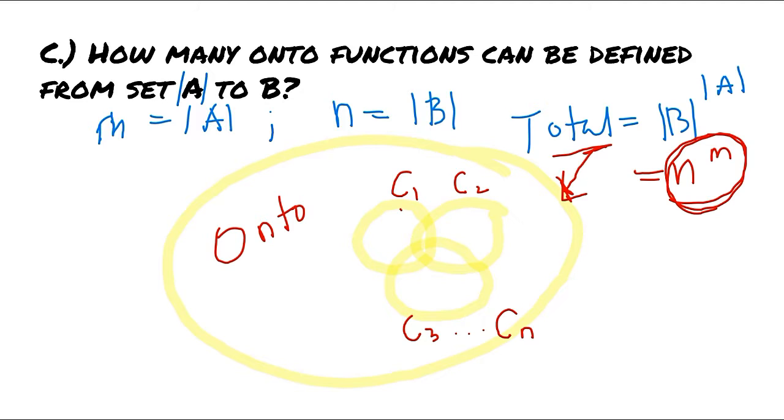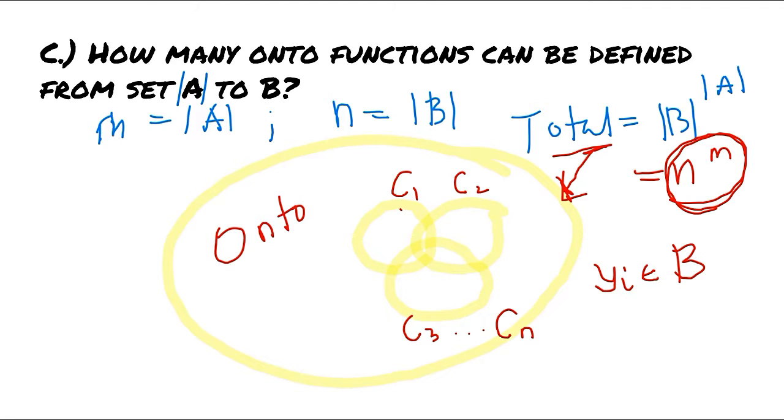Which property does the set C have? Say y sub i is an element of our codomain set B.